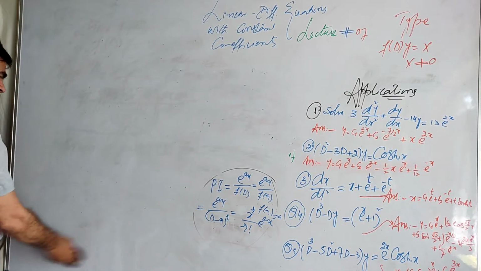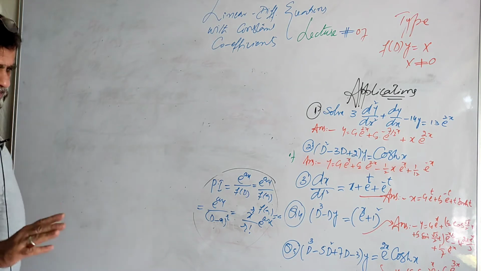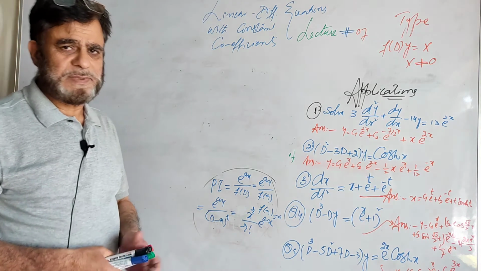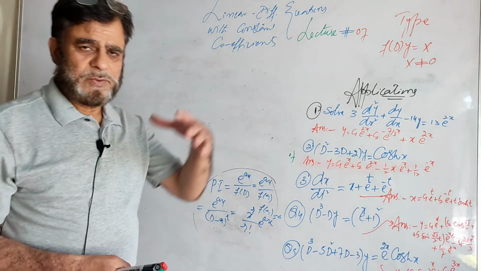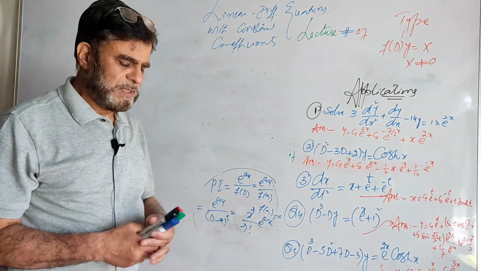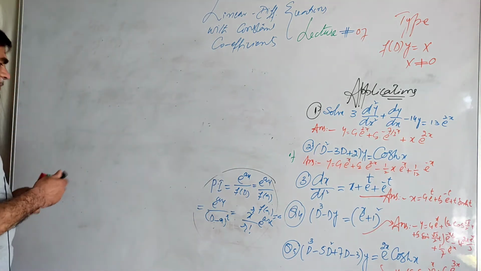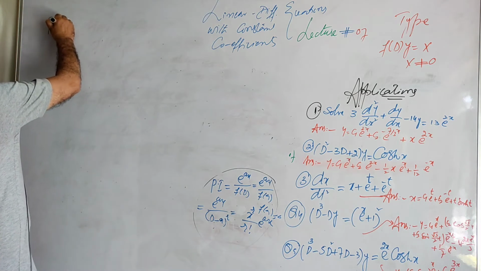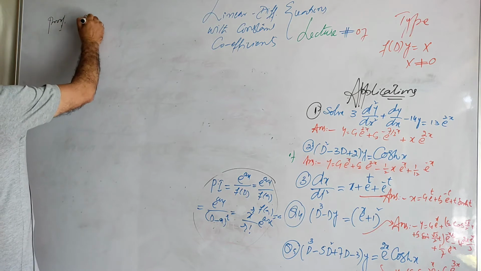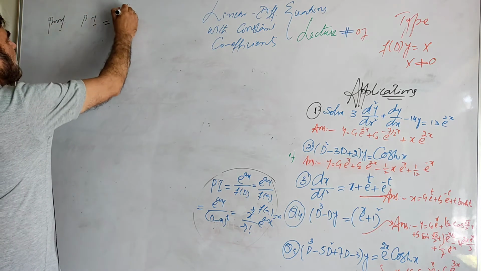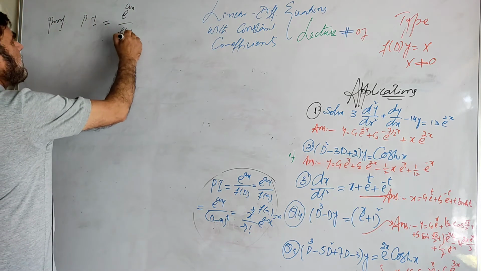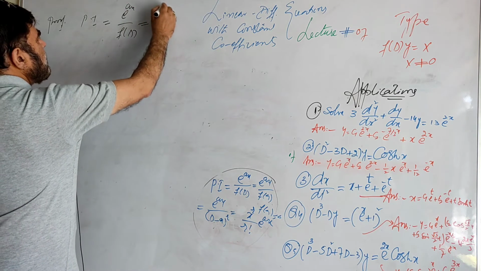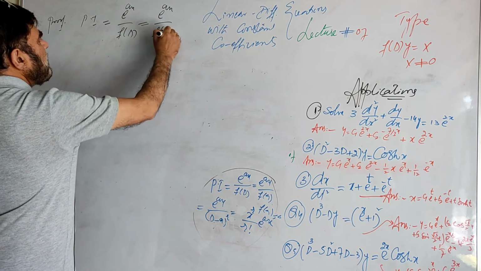But in most books you don't find the proof, they just give a list of formulae to use in finding the particular integral. If you want to prove it, when you have the particular integral of e raised power ax by f of D, this is e raised power ax by f of a.